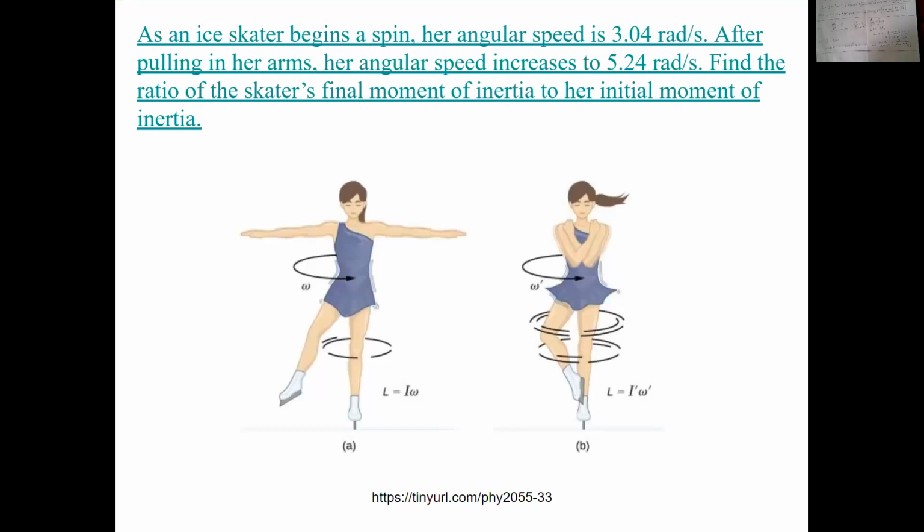So you're looking for I final over I initial. You are going to use conservation of angular momentum, Li equals Lf. That means I initial times omega initial equals I final times omega final. So it should be quite straightforward.